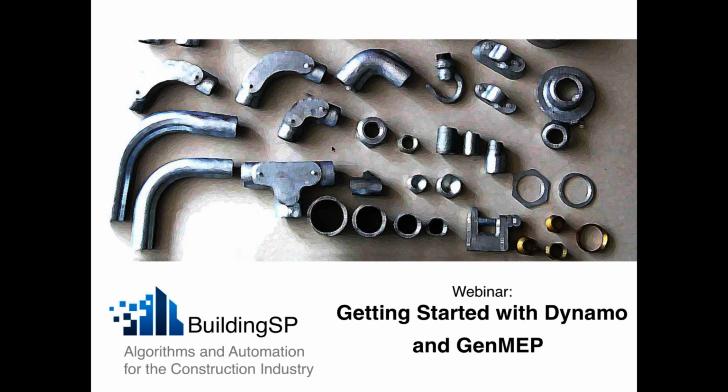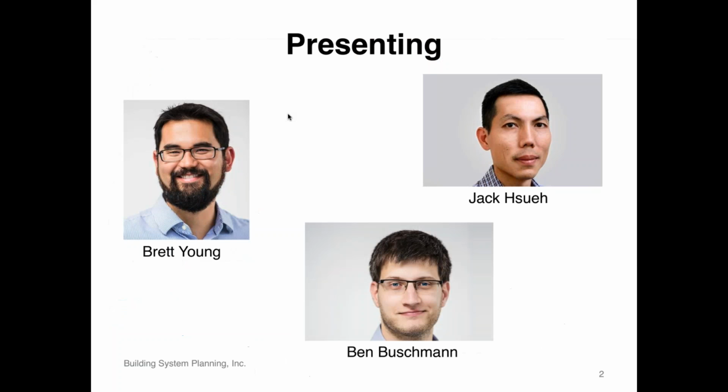I can talk about who will be presenting a little bit. My name is Brett Young. I'm the CEO of Building SP. Before that, I ran a BIM consulting company, and before that, I worked for 9 years for a general contractor. Jack Shea will be presenting second. He is a licensed structural engineer in the state of California.